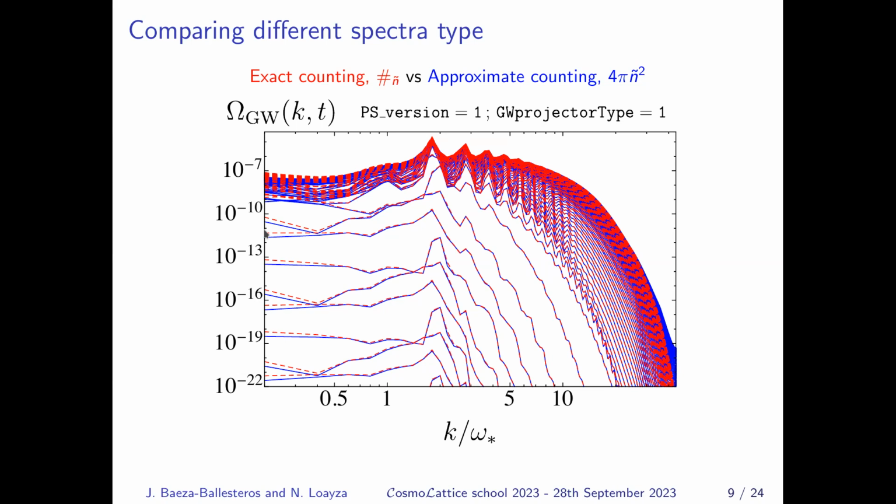So ideally, you would like to have a simulation in which all the physics happen in intermediate scales, and then both the ultraviolet and the infrared, which are affected by these lattice artifacts, are not relevant for the physics.